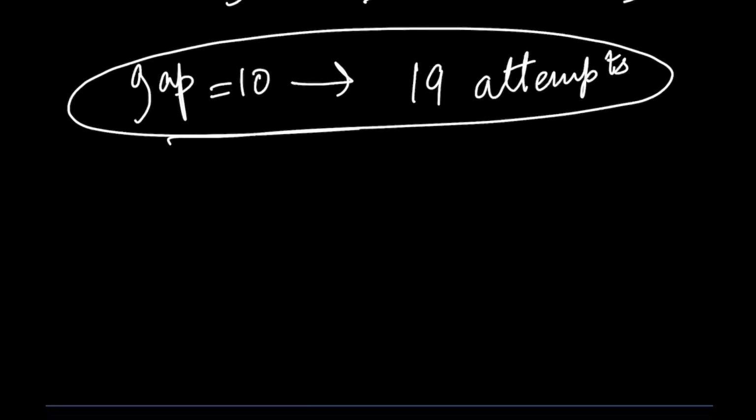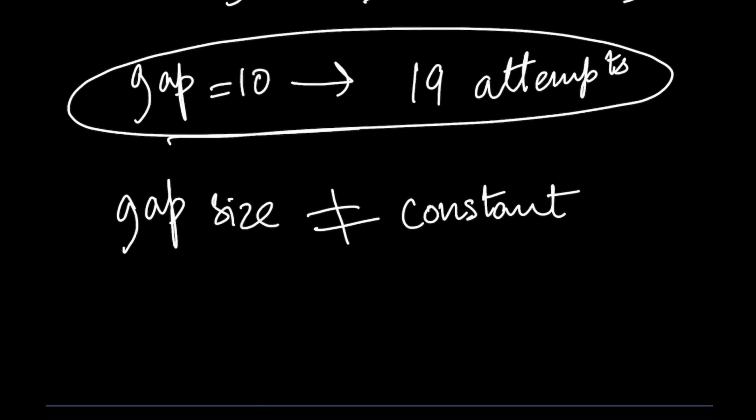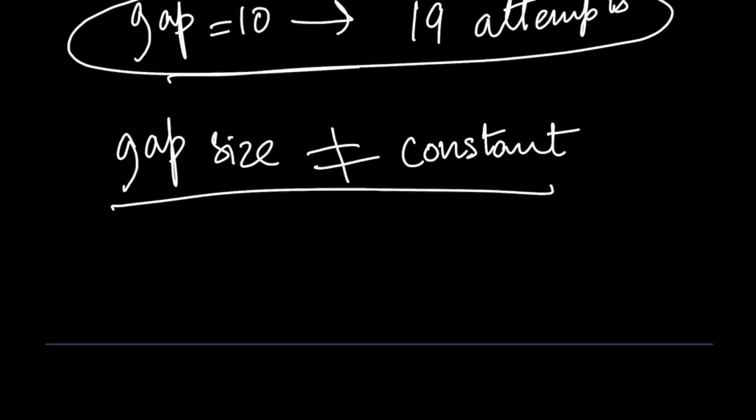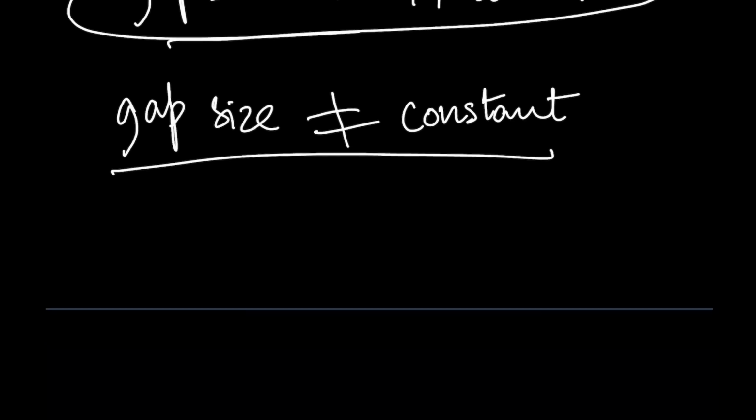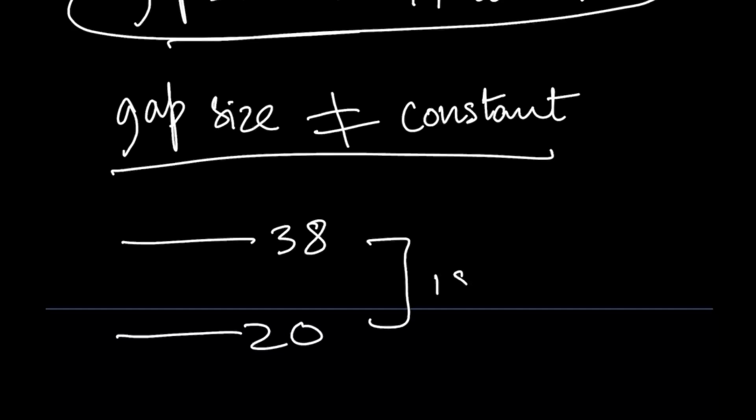And the trick lies in the fact that the gap size does not have to be continuous. Now, what does this mean? This means that for my first attempt, I could have started at, let's say, 20. And then for my second drop, let's say it didn't break on 20, it could have gone all the way up to 38. So this is a gap of 18.